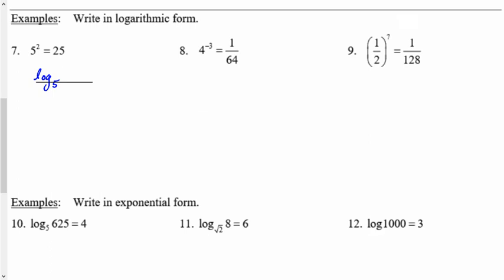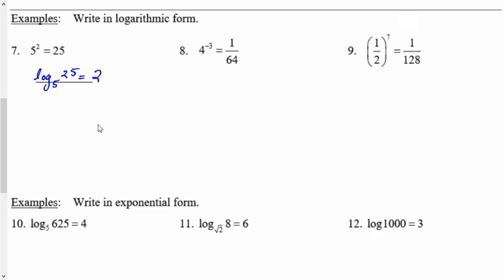So log base 5. I got the base from that power. Remember, a logarithm is an exponent, so on the other side of our equal sign, we'll have the exponent. What does the logarithm operate on? It operates on the power. This 25 we can think of as a power base 5, so the 25 would go here. So the log, the 25, the 2, all on the same line here. This 5 is a subscript. Now be careful.